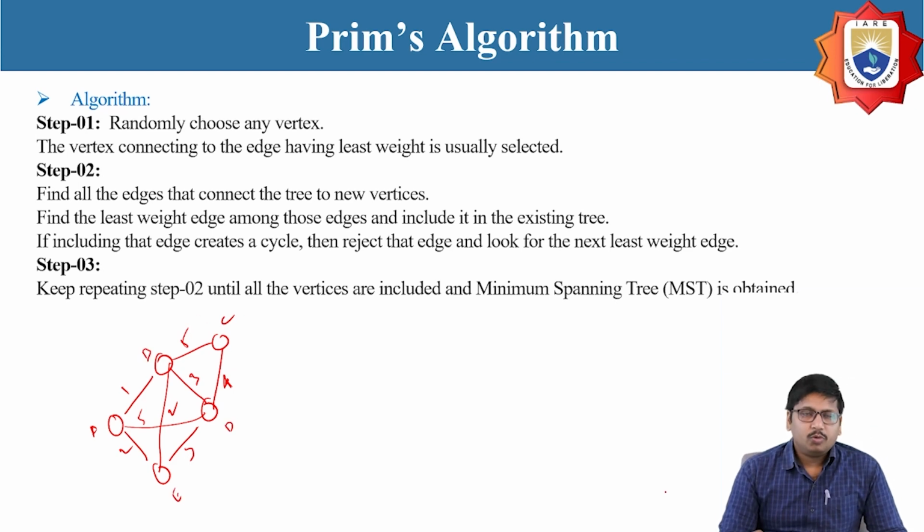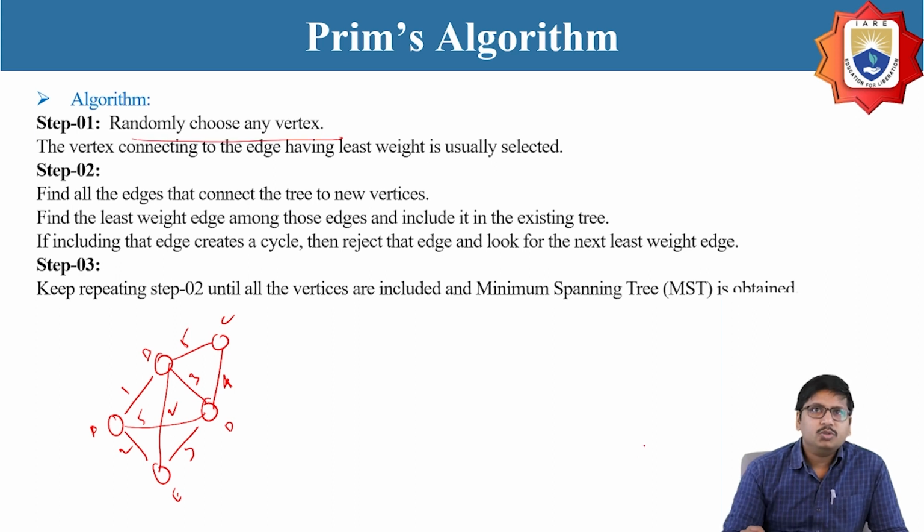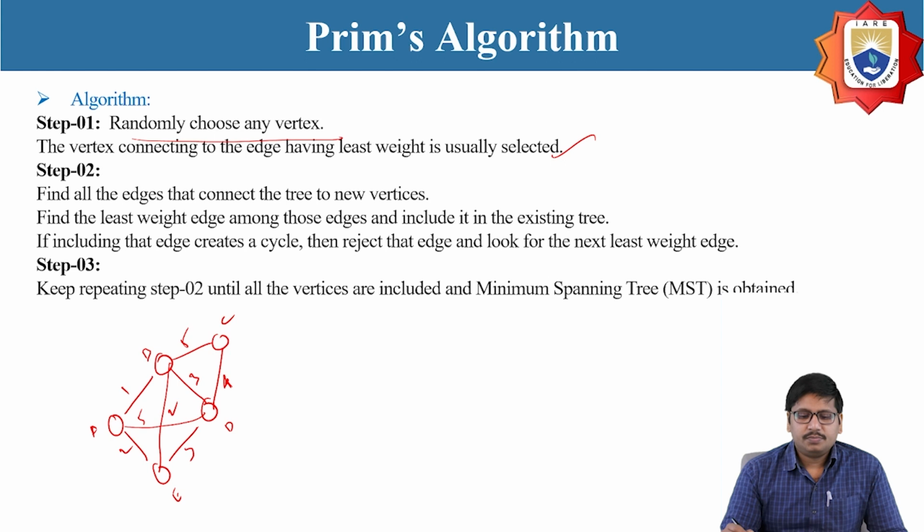From this graph, initially randomly choose a vertex, and the edge connecting the vertex should be the one with the least weight. The second step is to find all the edges that connect the tree to the new vertices, and find the least weight edge among those edges to include in the existing tree.